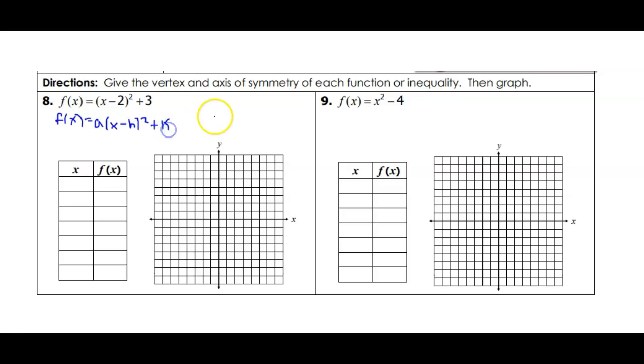I'm going to then find my a, my h, and my k, and then I'll use that as a guide for my graph, okay? From there, I'm going to use that guide to help me find the vertex. And then I'm also going to use the guide so I can find my axis of symmetry.